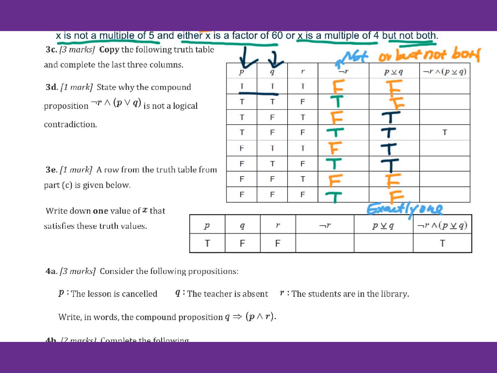Then you need to look at these two columns, and means both must be true. To be true, both must be true. So we have, this is a true. Here's a true. Rest of them will be false.